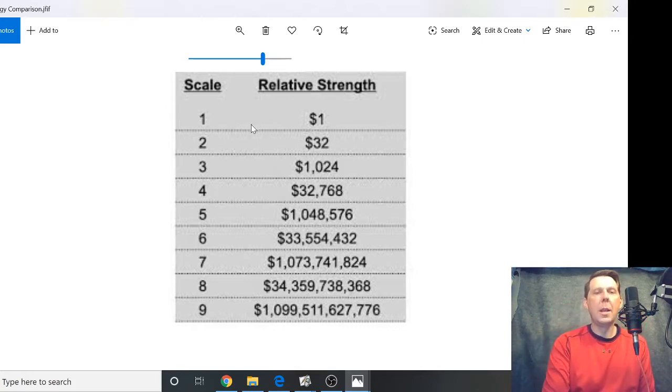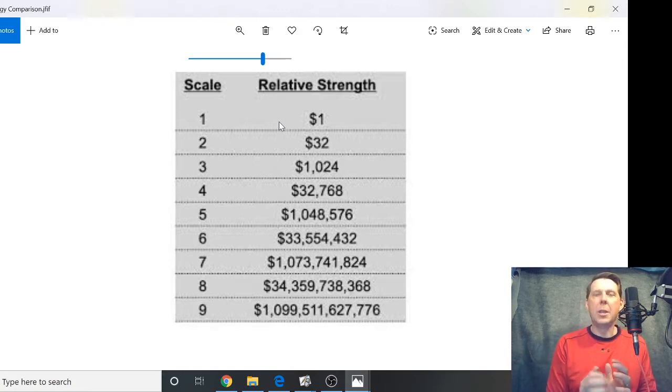If it was a 1, it would be like having $1. If it was a level 2, that's about 32 times the energy of a level 1. So the magnitude goes up 10 times per level, but the energy goes up about 33 times for every level you go up.